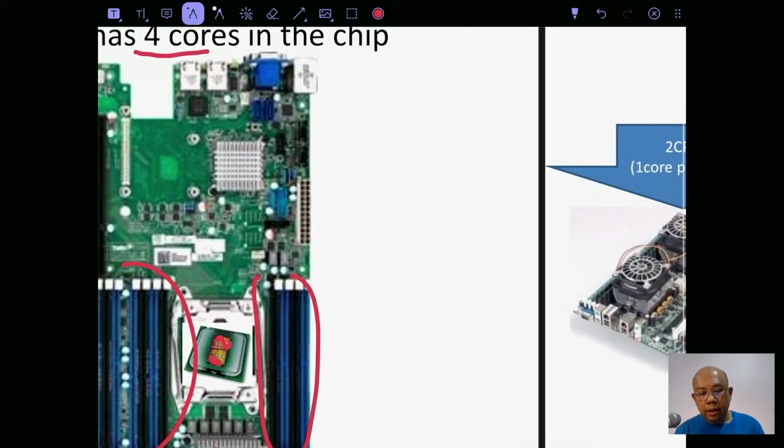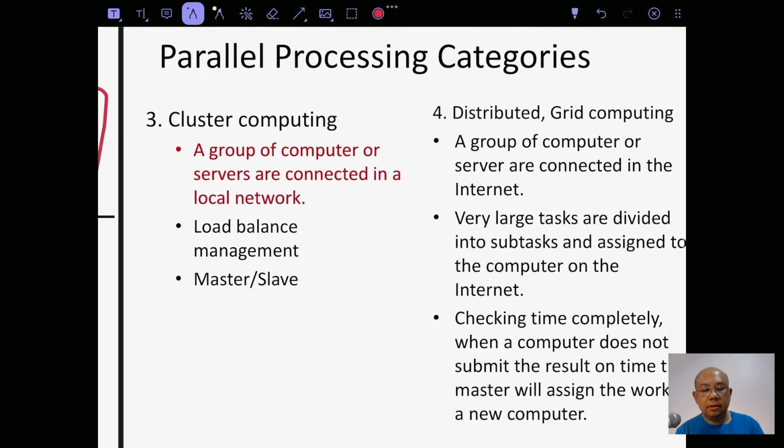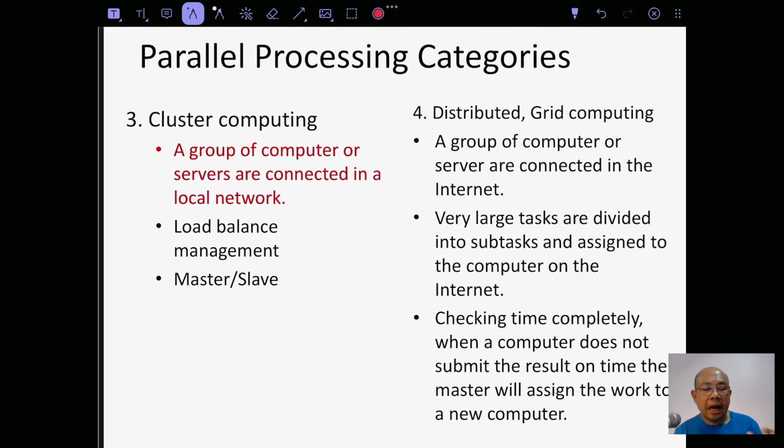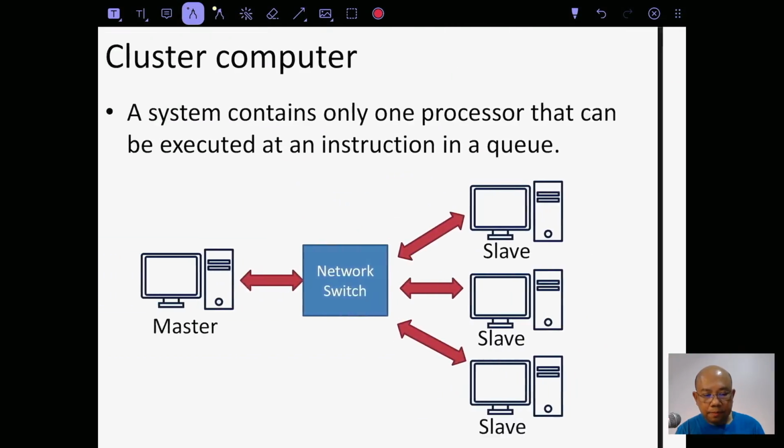So today, in large systems, for example cloud computing, they bring computers together. For example, I bring 5 desktop computers and connect them in the network right here.